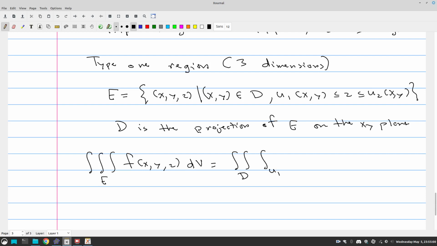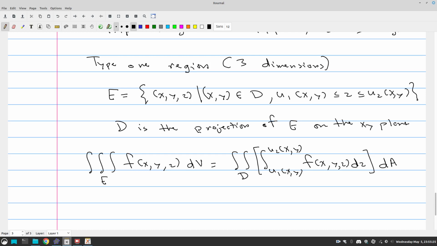So z is between two functions of x and y, u1(x,y) to u2(x,y), of f(x,y,z) dz. You do the z integration first, and then you integrate over D, right?